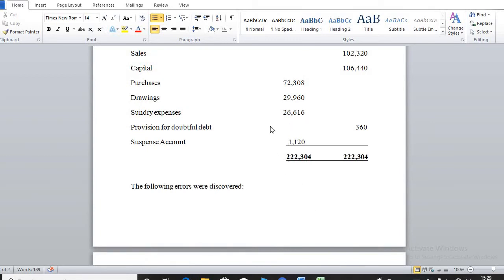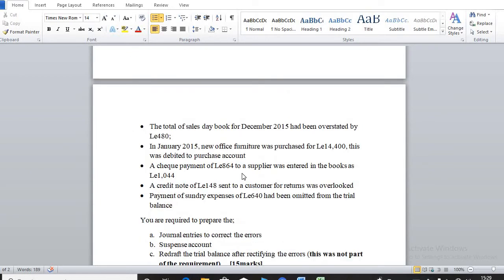So you have to bring it back, meaning we have to introduce a suspense account, because with only one account we cannot complete the double entry principle. Every transaction should have at least two accounts. The minimum should be two. It could be more than two, but at least two.